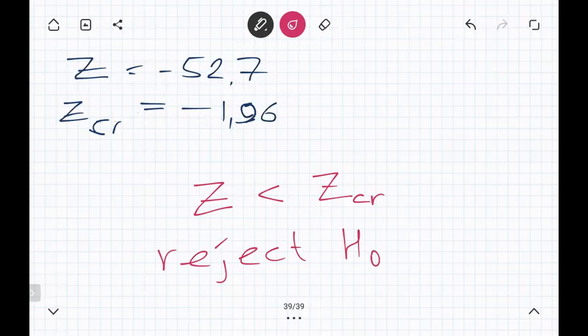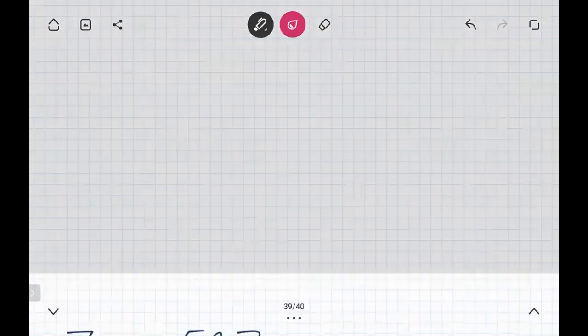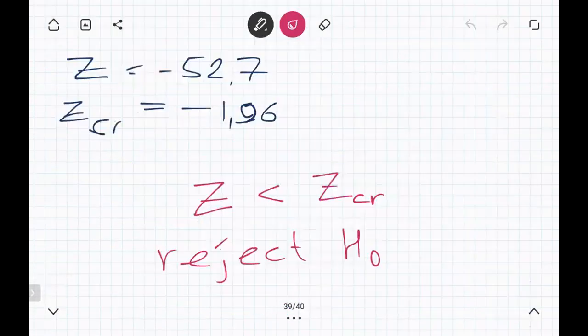So after using the drug, our patients are really recovering faster, so to speak. The disease is lasting shorter times with the drug. Okay, so that's our step 5, making a decision.